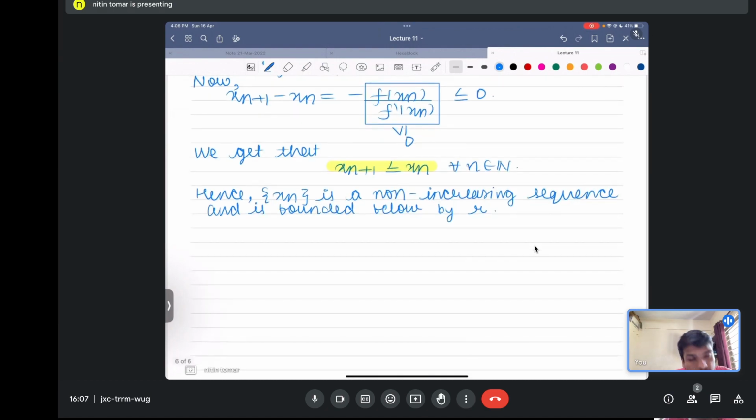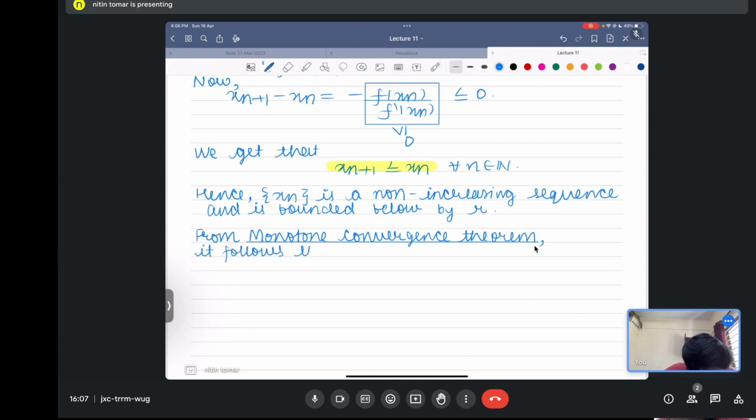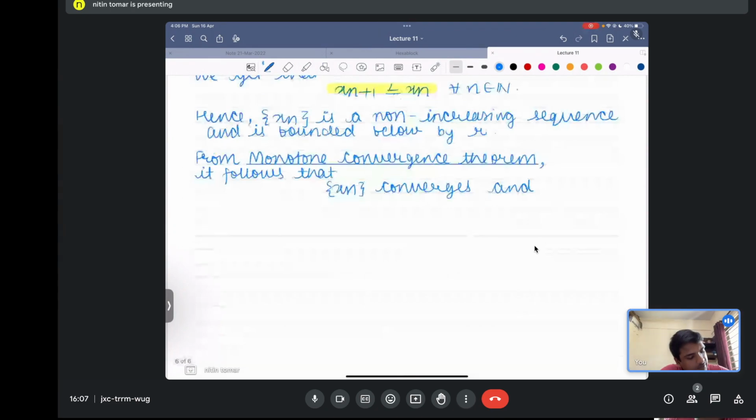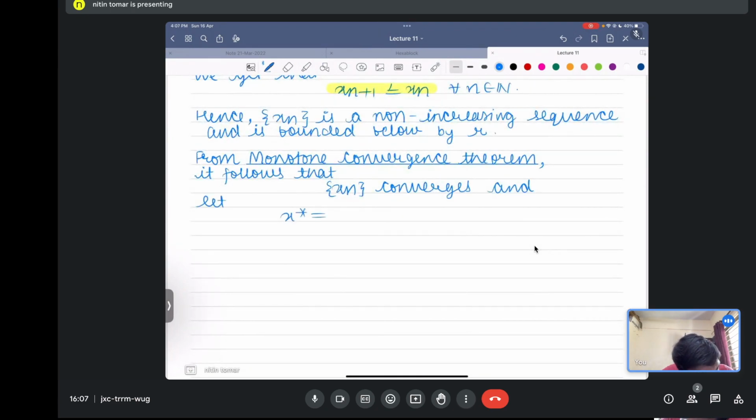So together this implies, from the monotone convergence theorem, it follows that x_n converges, and let x star be its limit. And what about e_n?